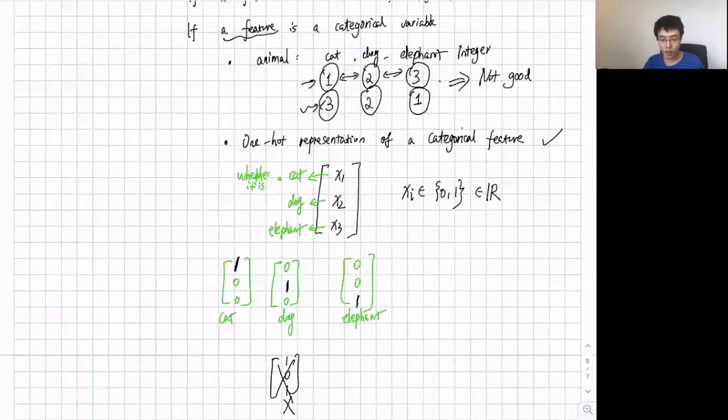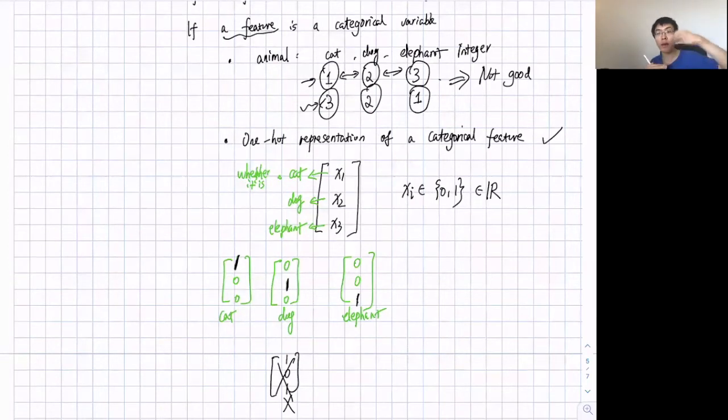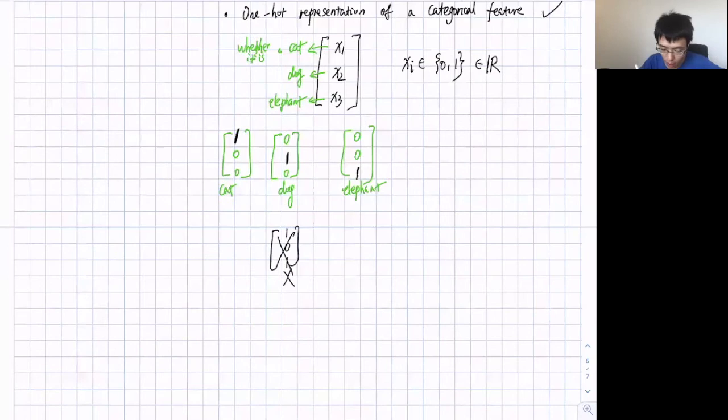And of course, this feature can be concatenated with some other features, right? So I can say I have 3 features. One feature is the size, the other feature is the fur, and the third feature is the category of the animal. So my actual representation will be, for example, for this animal, the size is small. It's not necessarily 0 or 1, it can be, for example, 2. It's still small, 2.